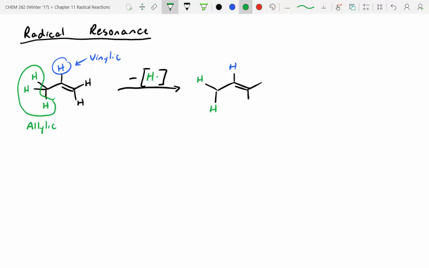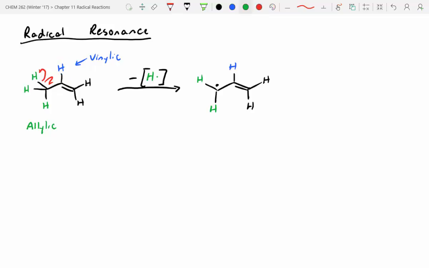We've got these green protons, and we've got this black proton. But now we've got one electron left over, right? Because if we're pulling off one of these allylic protons, one electron goes towards the hydrogen side and one electron goes towards that carbon, right? These allylic protons are a lot easier to remove than vinylic protons because the resulting structure is resonance stabilized.